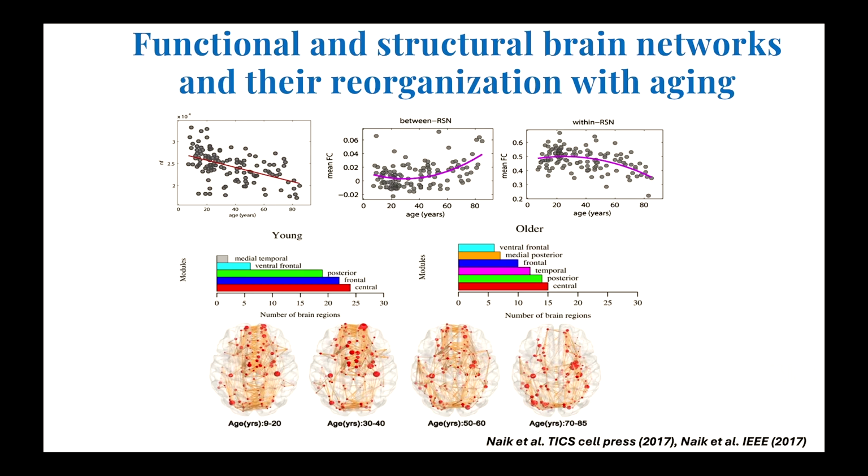The second thing you observe in structural connectivity is that when you go from 9 to 20 years to 70 to 85 years, much of the between-hemispheric connectivity, that is long-range or interhemispheric connectivity, is going down, which is what you were describing as the randomization of the brain network.